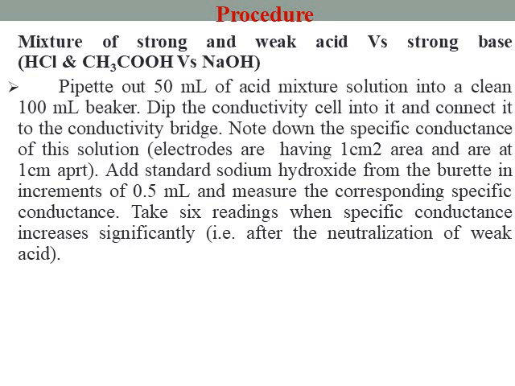The conductivity cell is dipped into it and connected to the conductivity bridge, and the current passing between the two platinum electrodes, which reflects the total number of ions present in the solution, is measured. The electrodes have a cross-sectional area of 1 square centimeter and are separated by 1 centimeter.